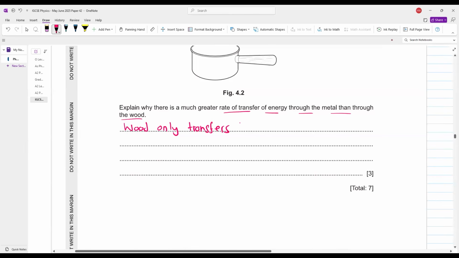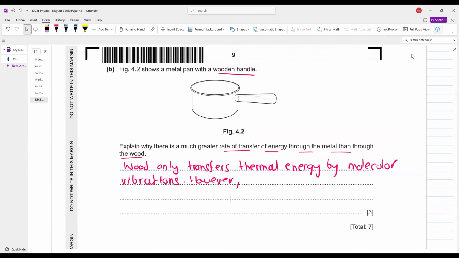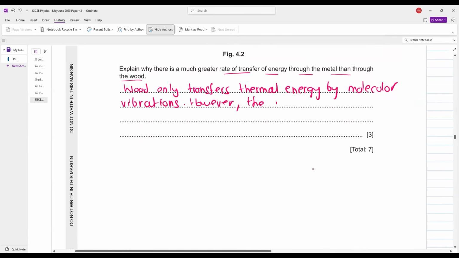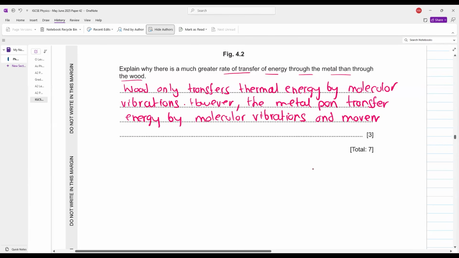However, the steel pan, और ये कौन सा है, the metal pan, transfers energy by molecular vibrations and movement of free electrons. Okay.